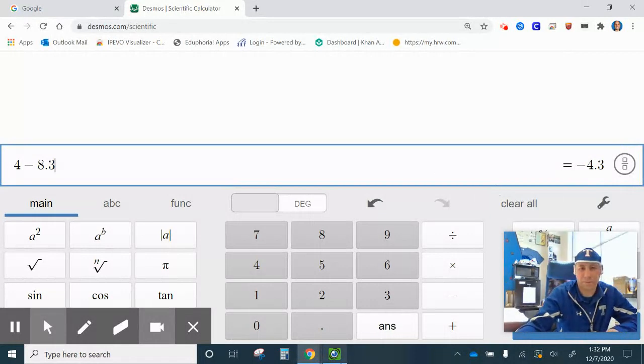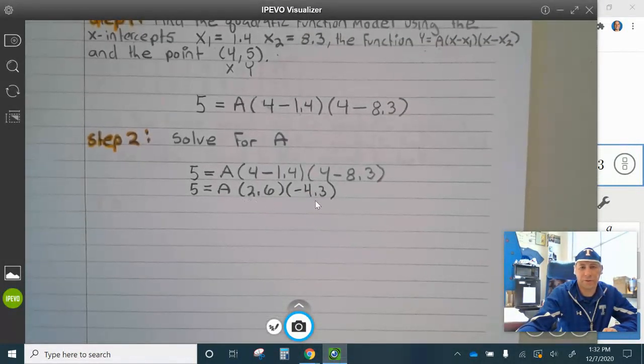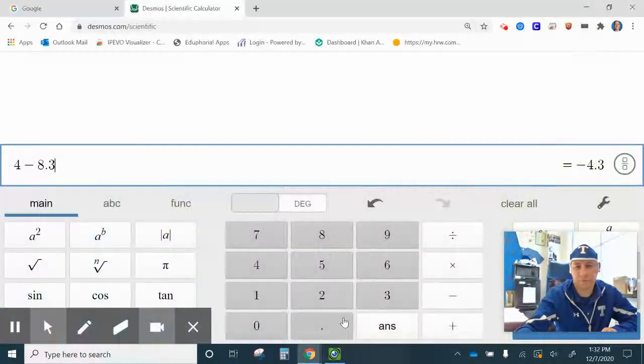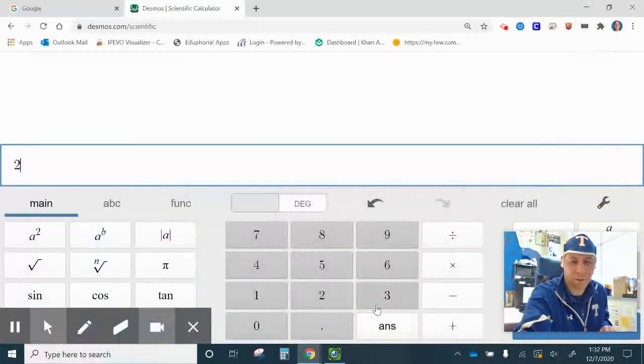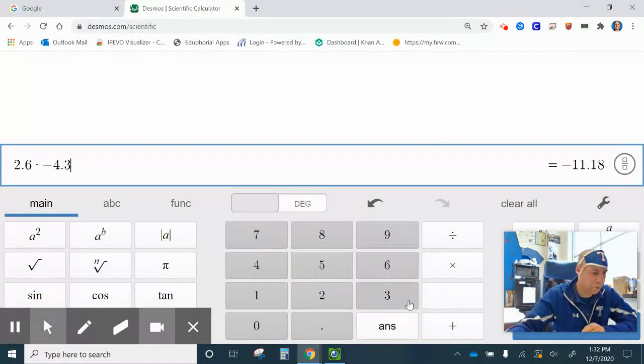Now we need to multiply 2.6 times negative 4.3, which is negative 11.18.